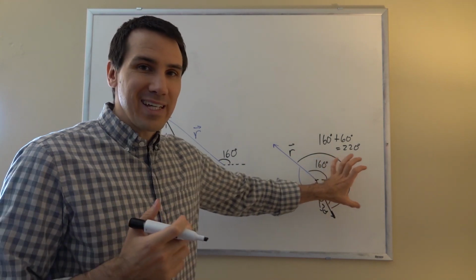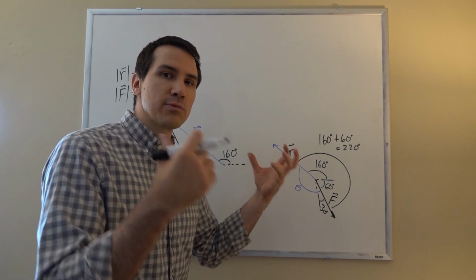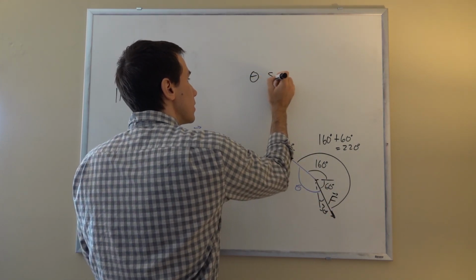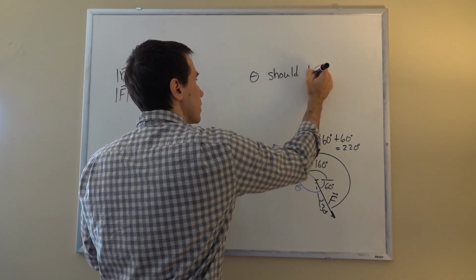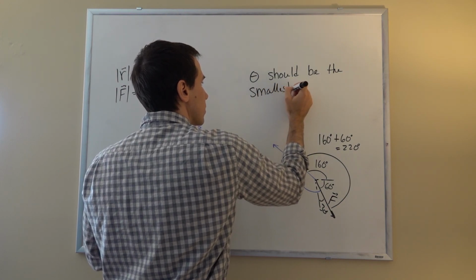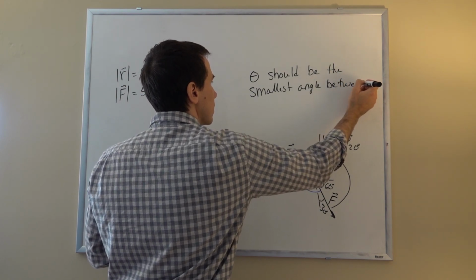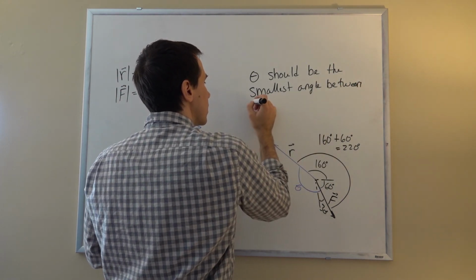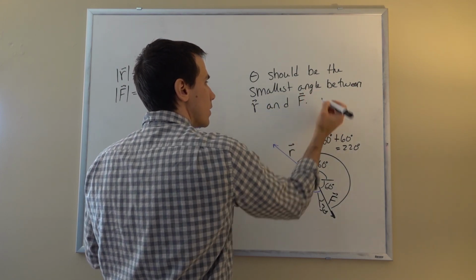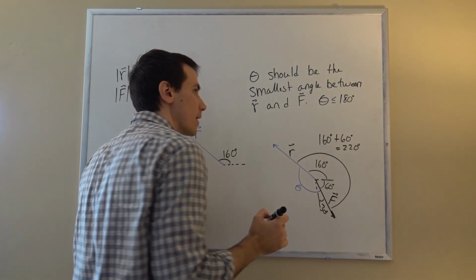And that angle is bigger than 180 degrees, and we always want our theta to be the smallest angle between the two. So theta should be the smallest angle between the r vector and the f vector, which means that theta should be less than or equal to 180 degrees.